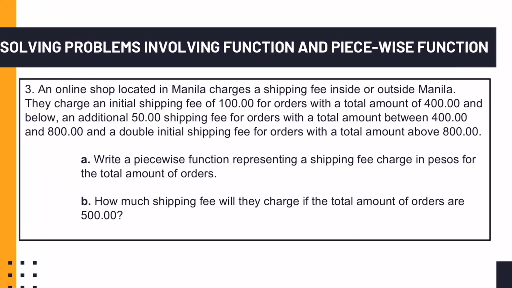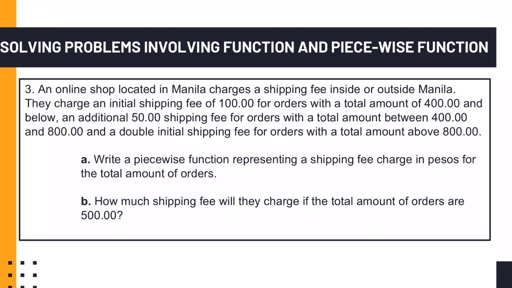And a double initial shipping fee for orders with a total amount above 800 pesos. Letter A. Write a piecewise function representing a shipping fee charge in pesos for the total amount of orders. And letter B. How much shipping fee will they charge if the total amount of orders are 500 pesos?